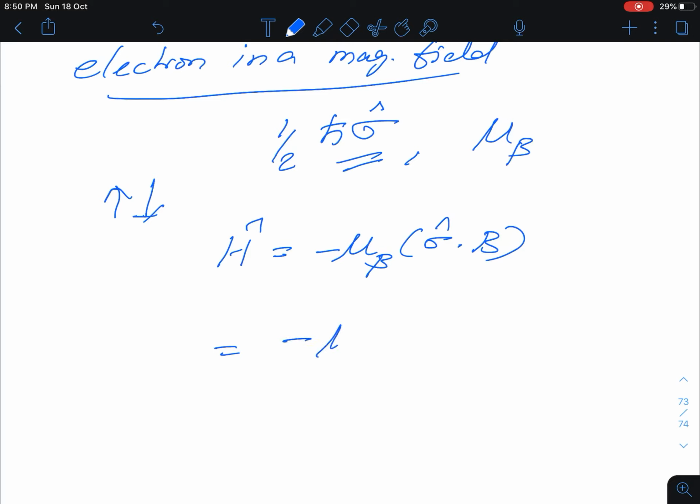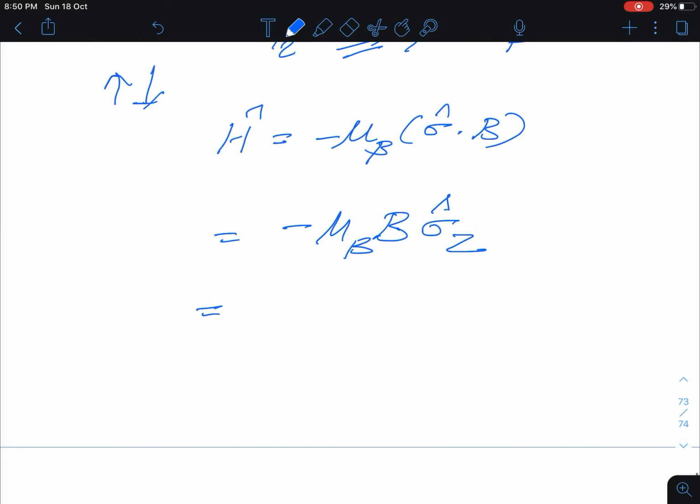So minus mu B B sigma z operator. What is the sigma z operator? Of the three Pauli spin matrices, sigma z is simply (1 0; 0 minus 1). You should have these three spin operators memorized. Okay, sigma z operator is this.